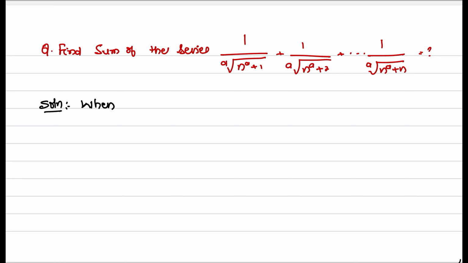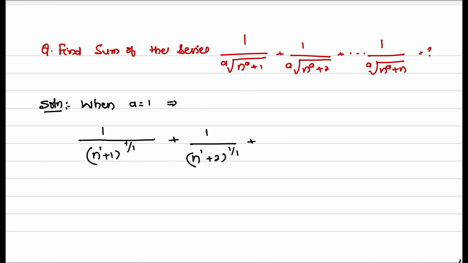When a is equal to 1, what happens? The series becomes 1 by n to the power of 1 plus 1, to the power of 1 by 1, plus 1 by n to the power of 1 plus 2, to the power of 1 by 1, plus 1 by n to the power of 1 plus 3, to the power of 1 by 1, plus up to 1 by, how can you write the a-th root of x?